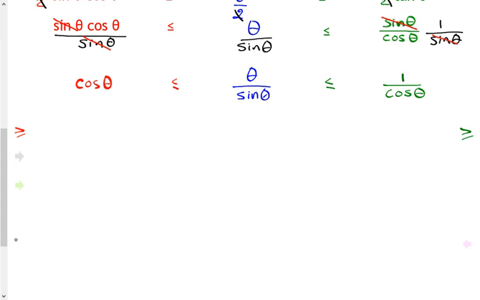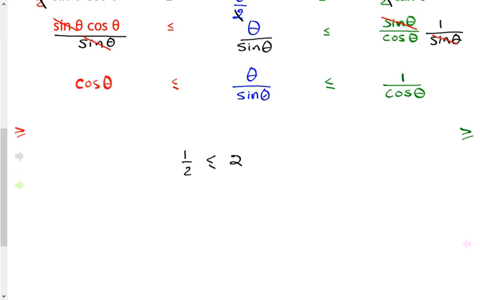The same thing happens when we take reciprocals. So, for example, I know that 1/2 is less than or equal to 2. Well, it's actually less than, but the less than or equal to statement is still true.